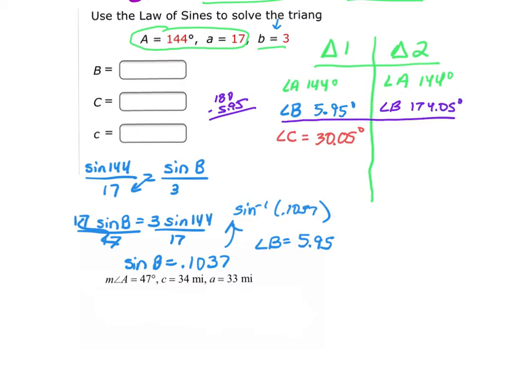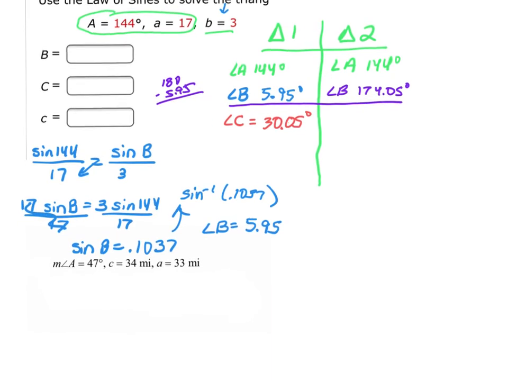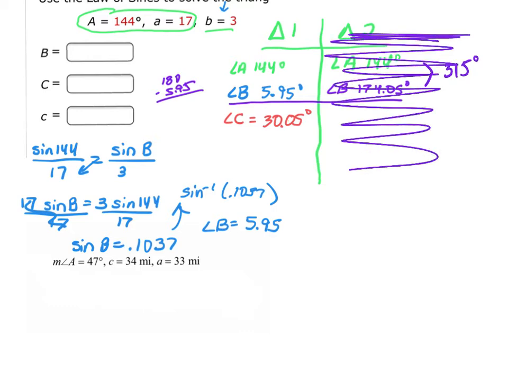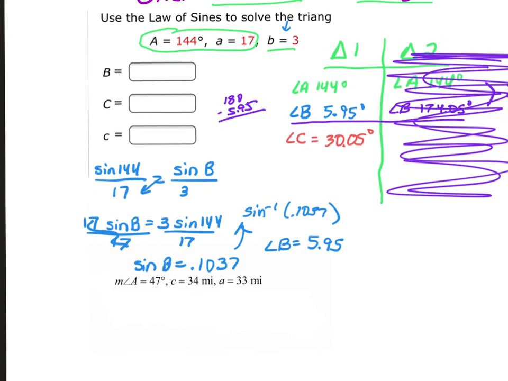Now, guys, does that make sense? No, because there are 180 degrees in a triangle. If I add up 144 and 174, I get something like 315 degrees. That means a second triangle does not exist. So you can just cross that out.